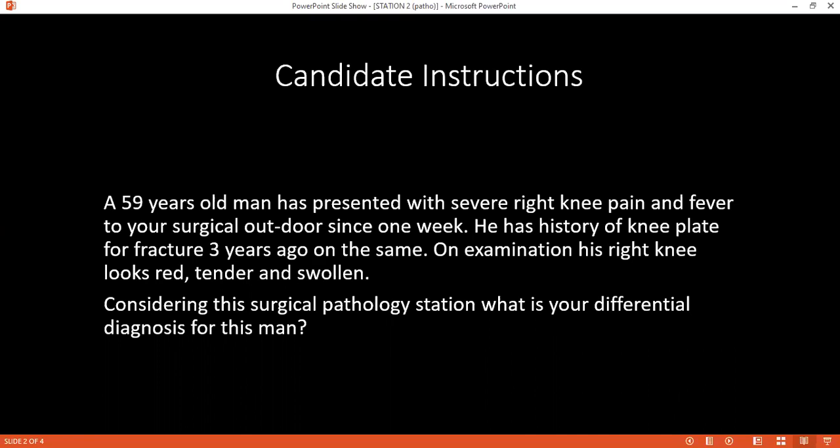Very good. Can you please tell me how this patient should be managed now? What would be your next step? First, I would go for aspiration and send for culture and sensitivity, and I would also do an X-ray of the knee.